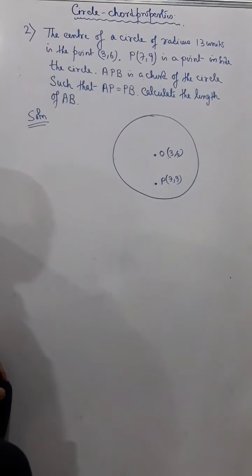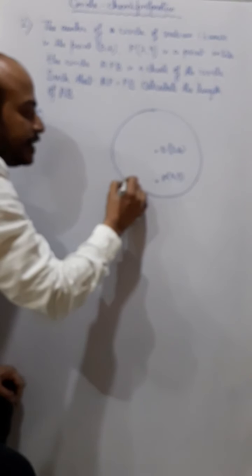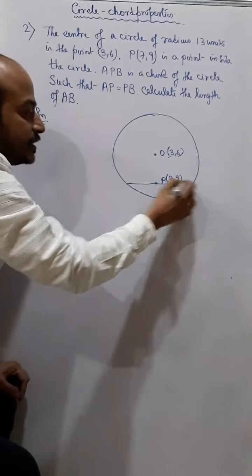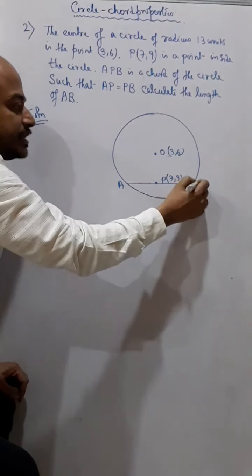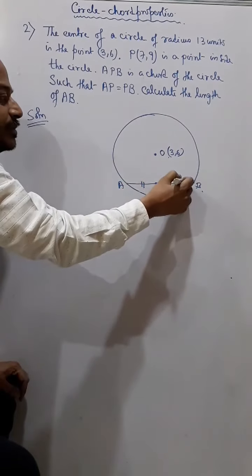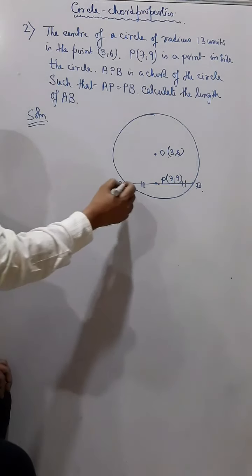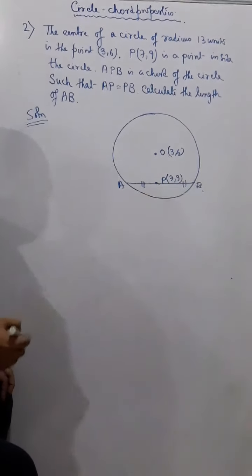Inside the circle, and they told APB is a chord of the circle such that AP equals PB. So APB is a chord such that AP is equal to PB. Calculate the length of AB. Now they told find the length of AB.